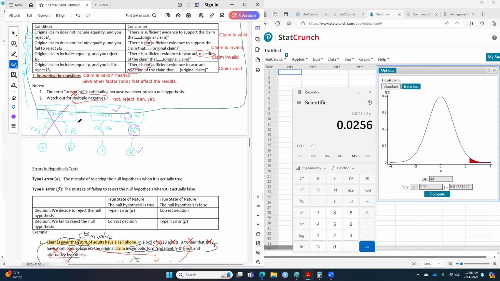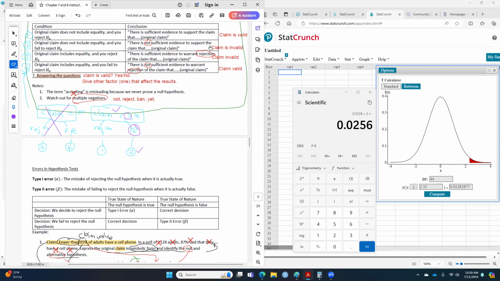Let me repeat. This question says that we have greater than 5%. So the claim here has a greater than symbol. So it's not this, it's going to be this side, the right side. And then you figure out, do we reject or fail to reject? Our decision says we fail to reject because our p-value is greater than alpha. So we will pick conclusion number 2.